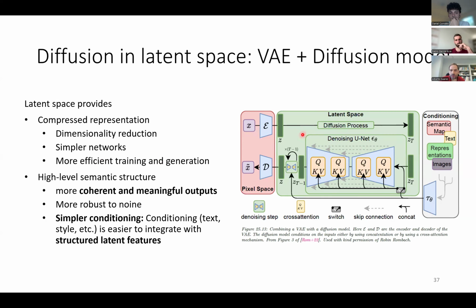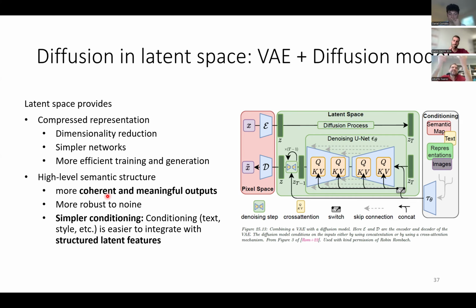Since all your generative model is in this latent space, you can make it more efficient, with simpler networks, so easier to train, easier to generate, etc. But I think more important than that is that if your encoding is good, usually the latent space captures a lot of meaningful structure in your data. It's a little bit like trying to learn that the two eyes are at exactly 4 centimeters. That's a very, let's say, low level feature.